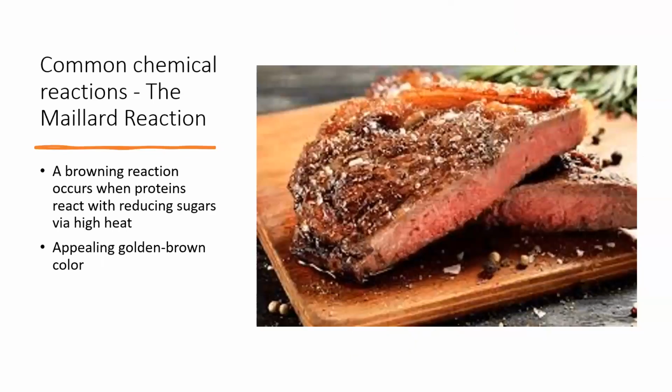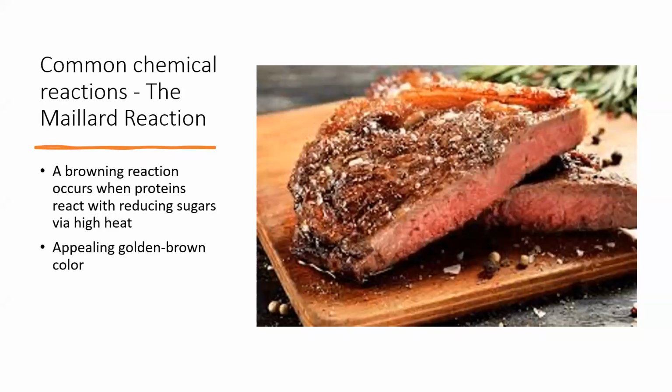The second common chemical reaction is the Maillard reaction. It's a browning reaction that occurs when proteins react with reducing sugars under high heat, giving an appealing golden brown color. Consider cooking meat: you have oil in the pan, and you put the beef on top.